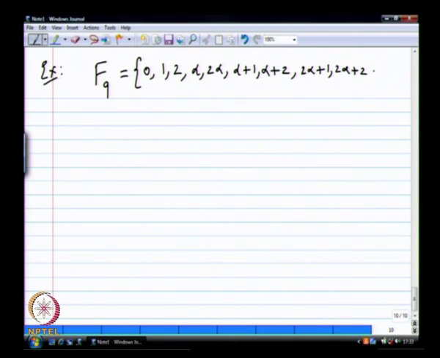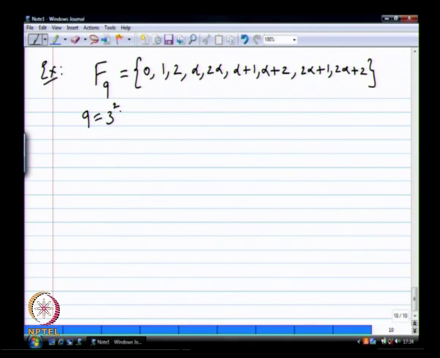Did I get all 9? Remember 9 is 3 power 2, so I have to look for all polynomials with coefficients from F3 of degree less than or equal to 1. So all linear polynomials.